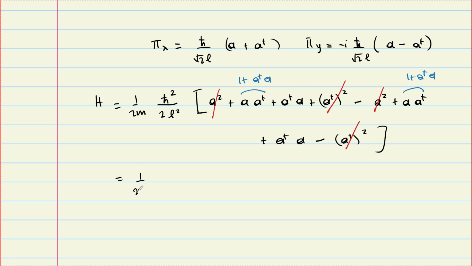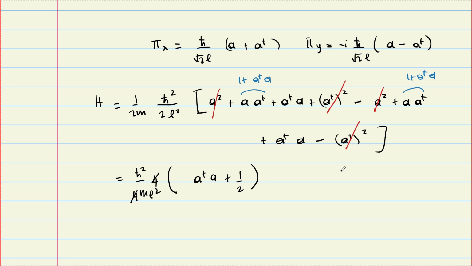This is ħ² over 4mL². There are 1, 2, 3, 4 a†a's. So this is 4 a†a plus 1, and there is another plus 1, plus 2. And this 4, I'm going to take it out and write it like this. So this is going to be 1/2, this is going to cancel.